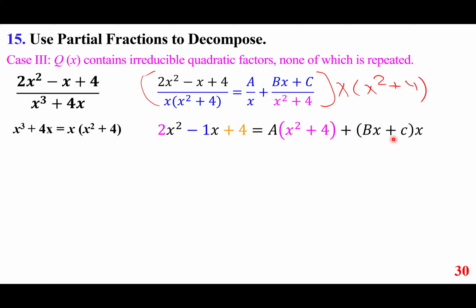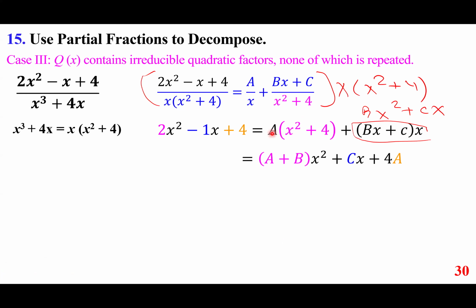And so if you look at this one, it is bx squared plus cx. So this one is x squared times a plus b, and then we have cx and 4a.